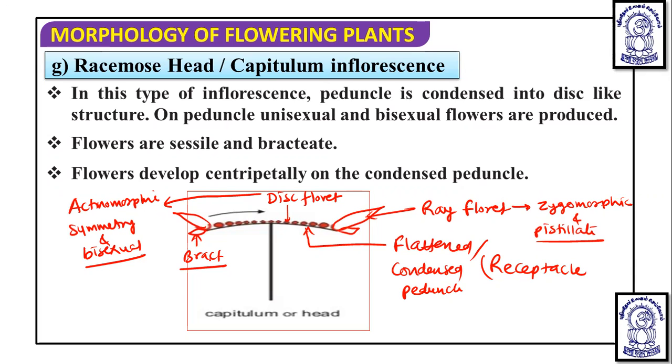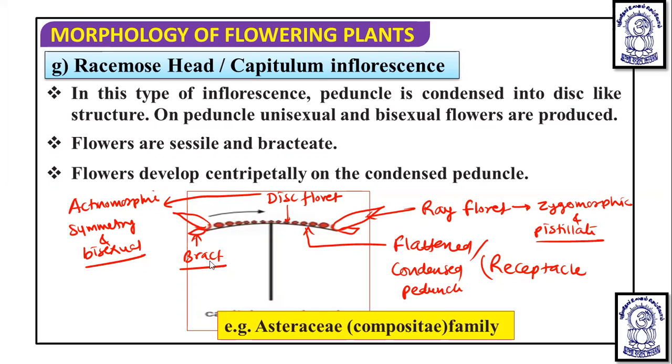And the ultimate advantage is that mass pollination helps the setting of seed in most racemose head or capitulum inflorescences. And due to the setting of seeds for reproduction, the multiplication of these plants can occur and the species gets continued. So this is the capitulum or head, and this capitulum or head is seen in the case of the sunflower. You will see that in sunflower such type of arrangement is seen.